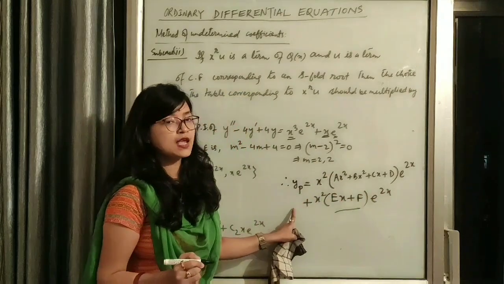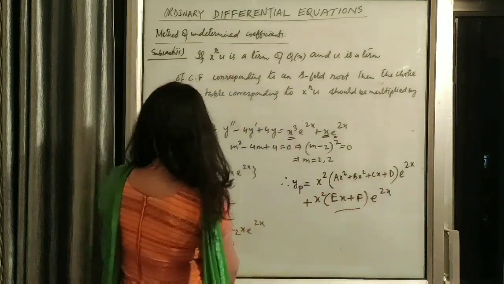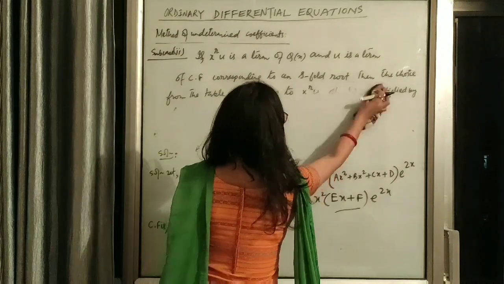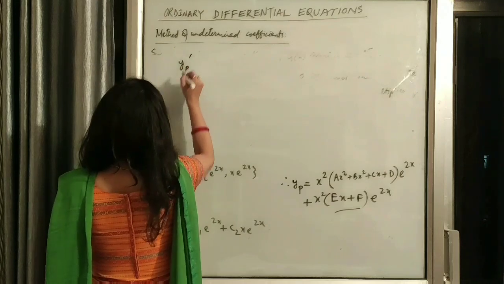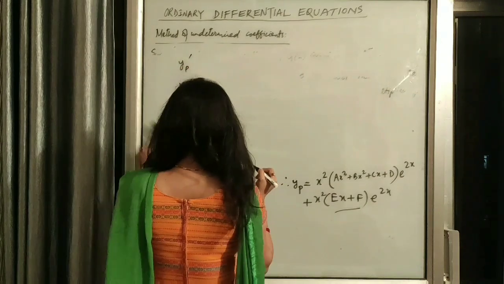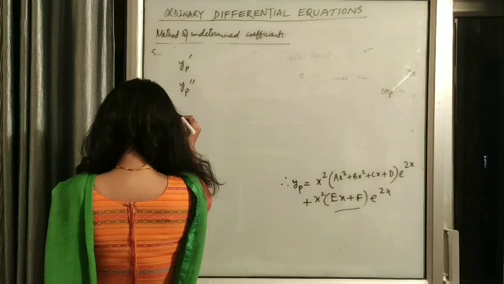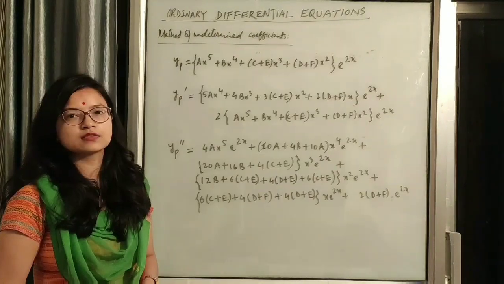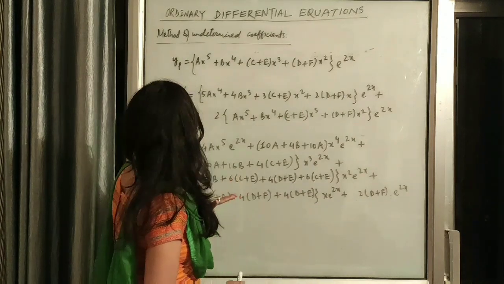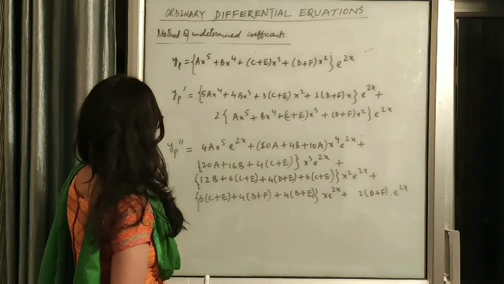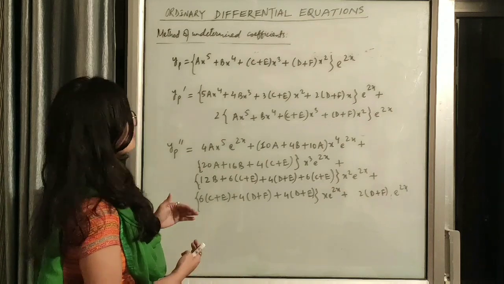Next, to determine the unknown coefficients a, b, c, d, e, f, we will find yp dash and yp double dash, and we will substitute yp, yp dash, yp double dash in the given differential equation and equate the like terms so that we can determine the unknown coefficients.